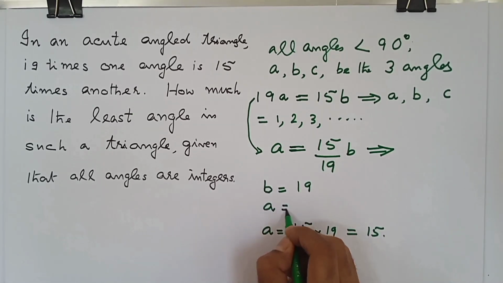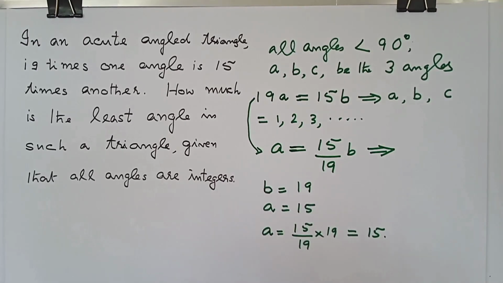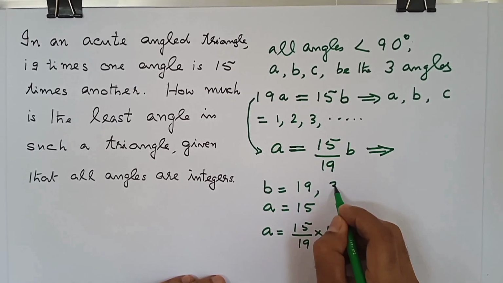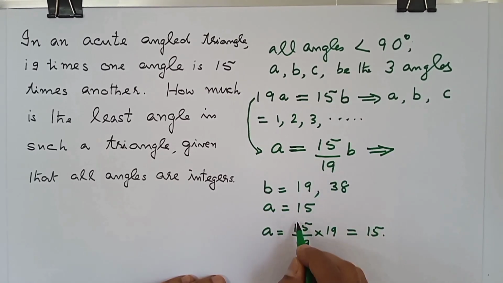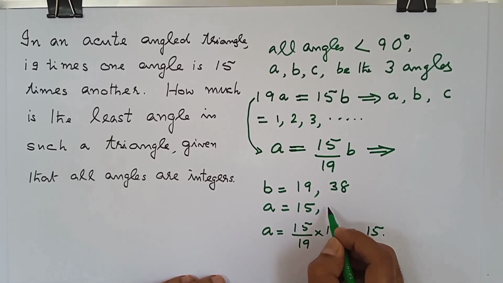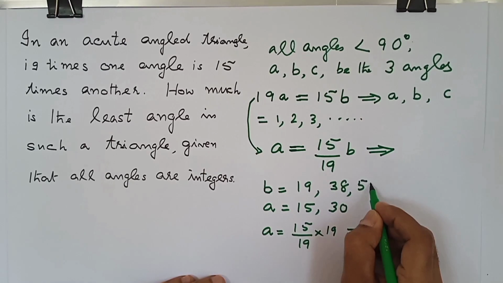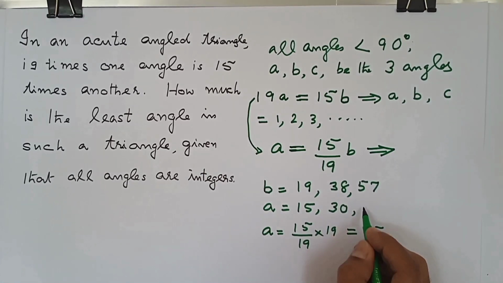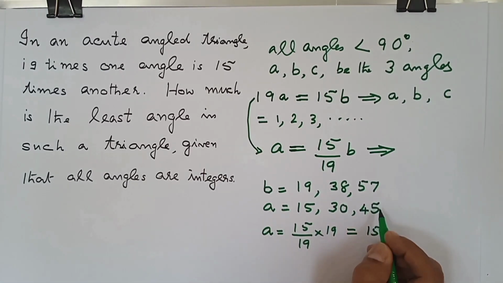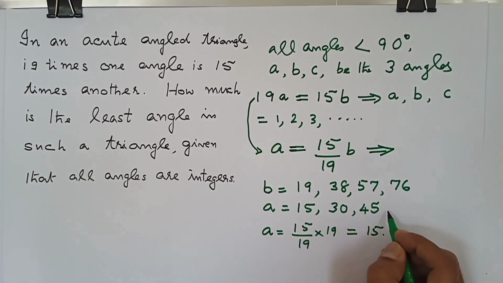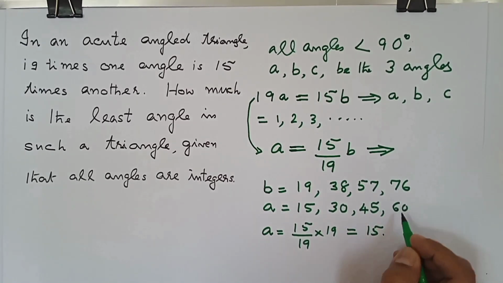So corresponding to B equal to 19, A equal to 15. Now you put the next value, which is 38. If you do the same operation, here you will get what? 30. Now what is the next value? 57. Here A will be 45. Next value 76. Here it will be 60.